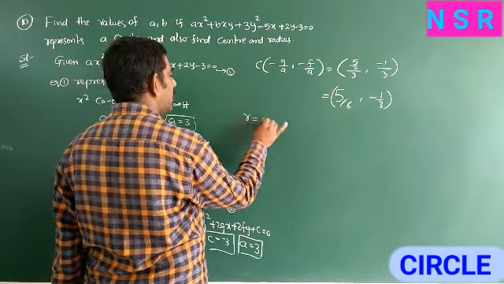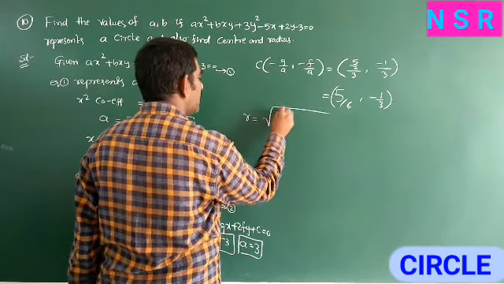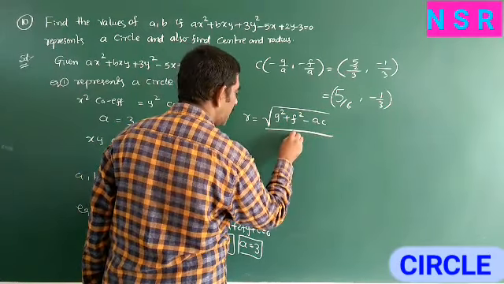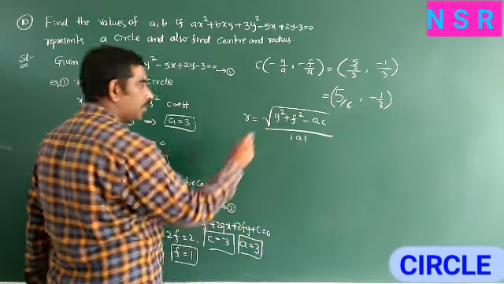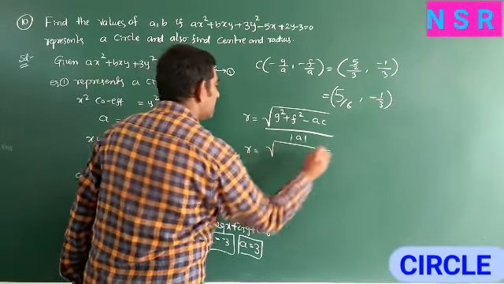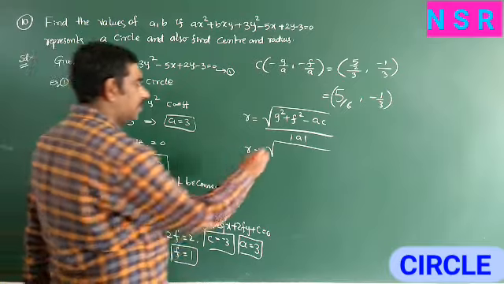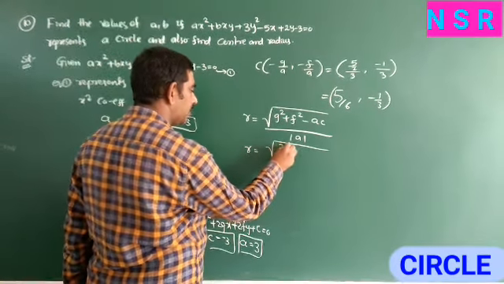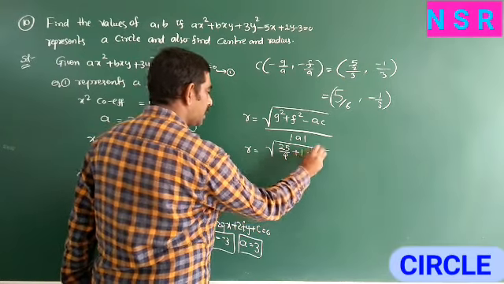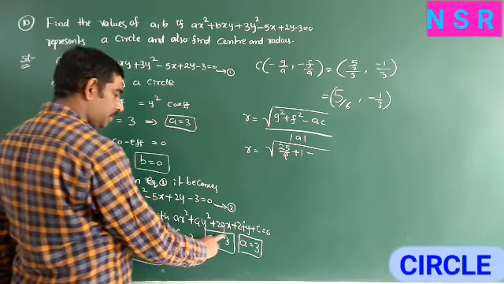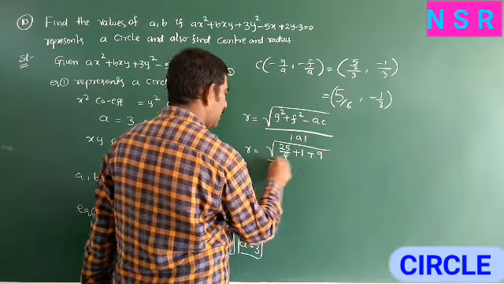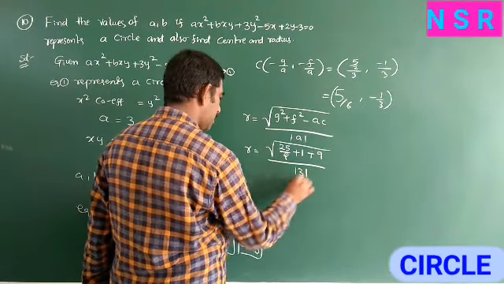Next radius, under root of g square plus f square minus ac, by mod a. So here root applies only to g square plus f square minus ac. Now square root of g square, minus 5 by 2 whole square, 25 by 4, plus f square 1, minus a into c, so minus into minus plus, 3 3s are 9, by mod a, that is mod 3.